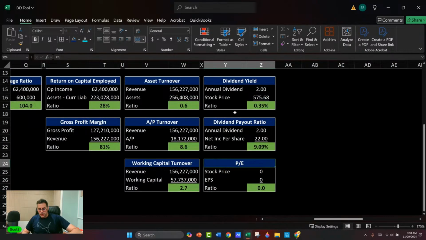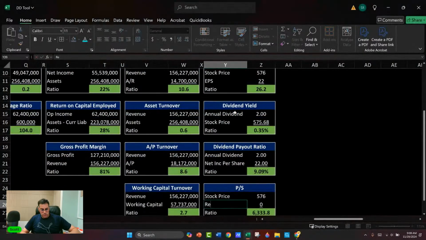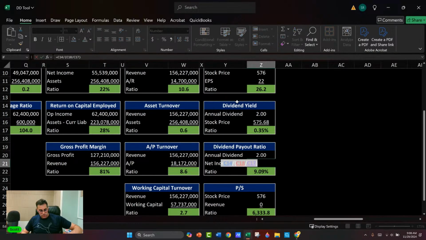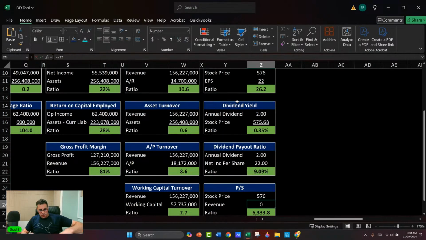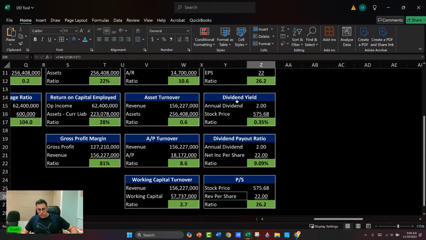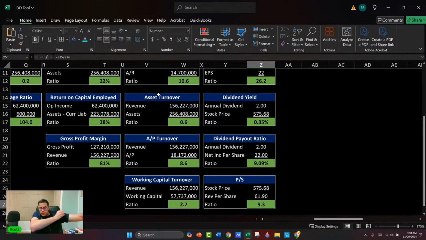PS, price sales, stock price over revenue per share. So that's a 9 PE.